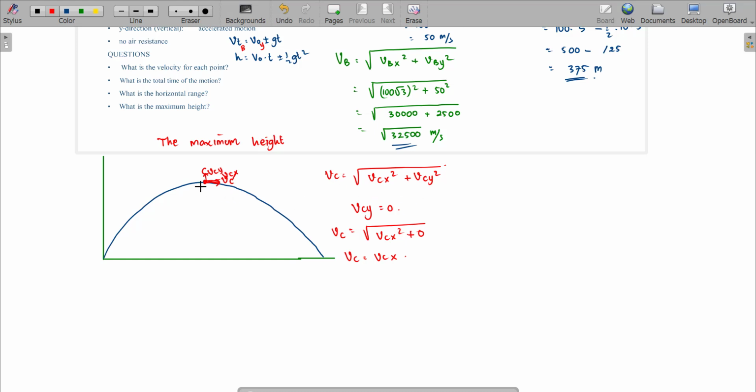So how about time? You have h, the maximum height.